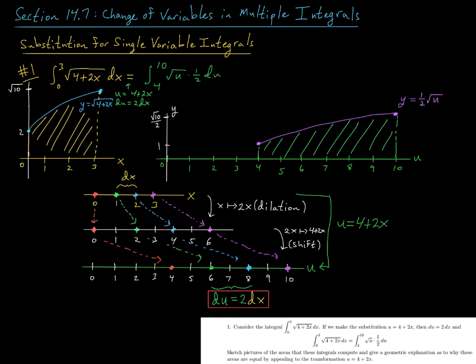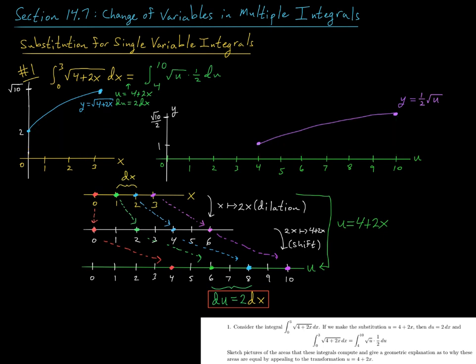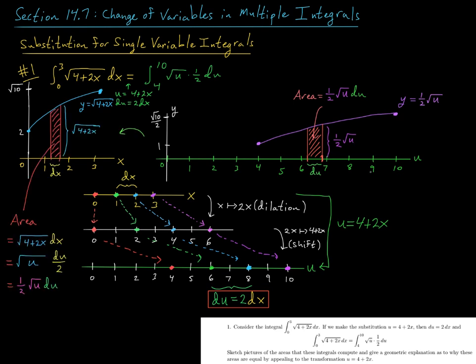Okay, so now what does all of this say about area? Well, let's say I have a little differential strip of area under the purple curve, and its width is du and its height is the height on the purple curve, so that's just 1/2 times the square root of u. Now if I consider this corresponding strip over here under this transformation, it has width dx and height of the square root of 4 plus 2x, just the height on the blue curve.